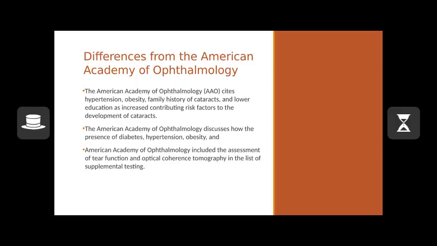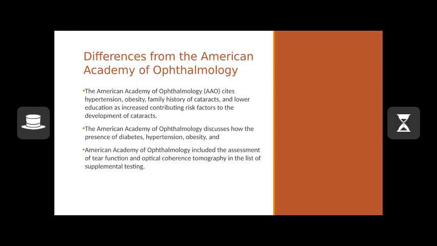I know the American Optometric Association did not state hypertension, obesity, family history, or even lower education as a risk factor, but they did cite things like drugs and diabetes, and the things that I mentioned in the previous slide. So that's a difference that I noticed.